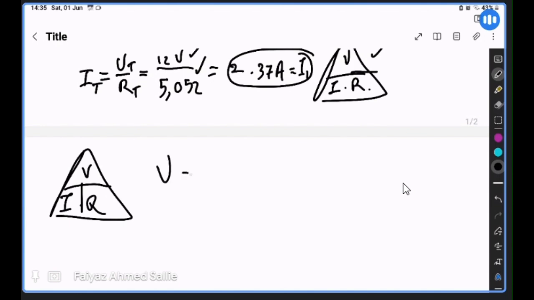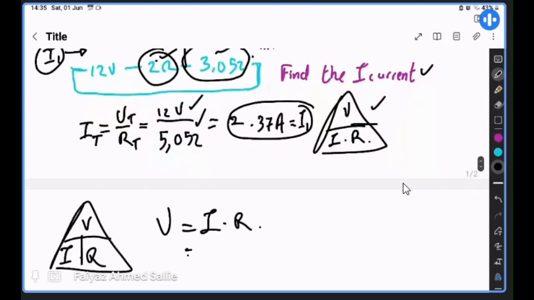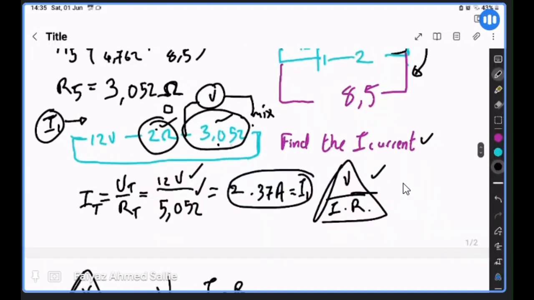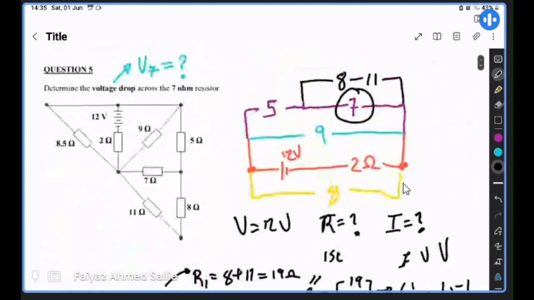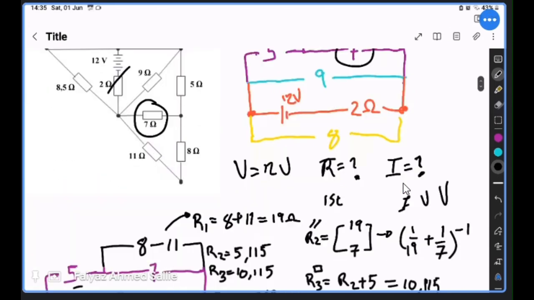So to get the voltage, we're going to multiply the current by the resistor. So we have a current of 2.37 multiplied by the resistor, which is 3.052. So why are we using the 3.052 instead of the 2 ohm resistor? Because we are trying to find the voltage at 7, so we are moving away from the 2.